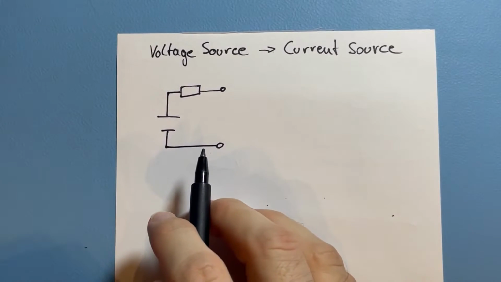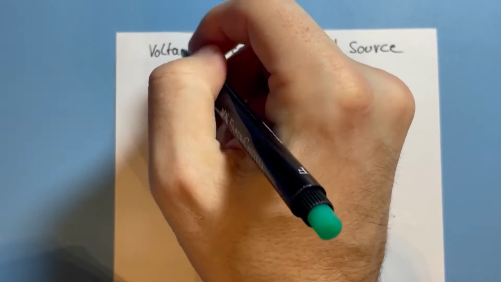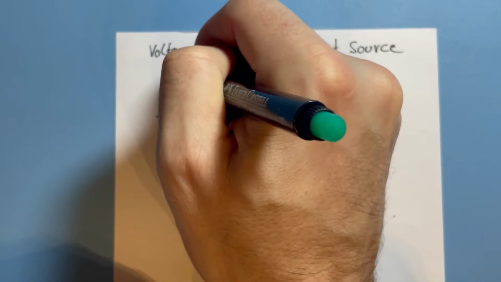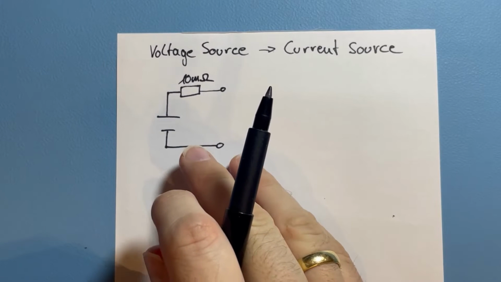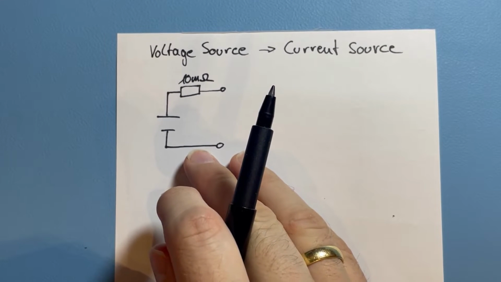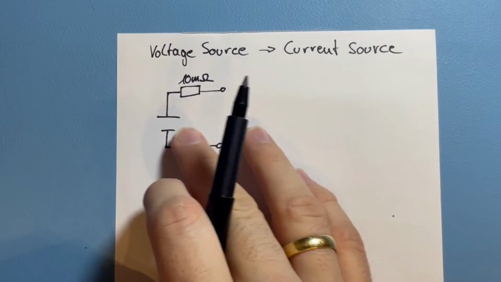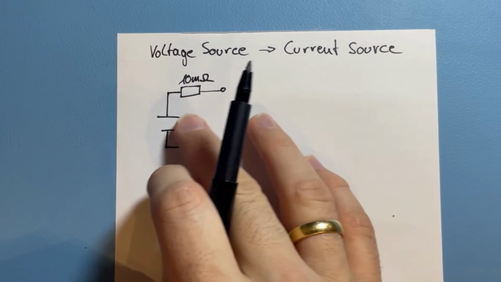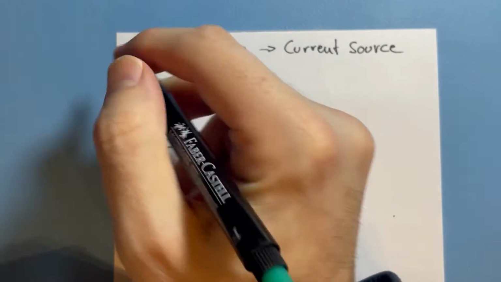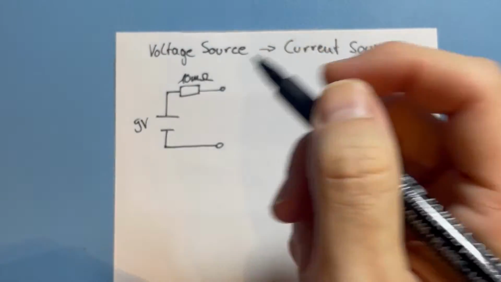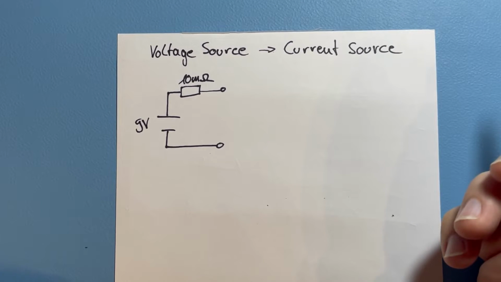For the sake of simplicity, say we have here 10 milliohm as the resistance of the voltage source, which is like the internal resistance of, let's say, a battery or something. And then let's have here the 9 volt, and this is a voltage source.